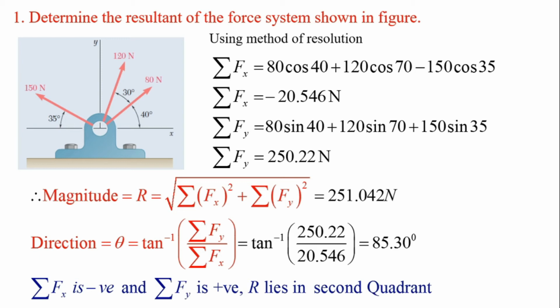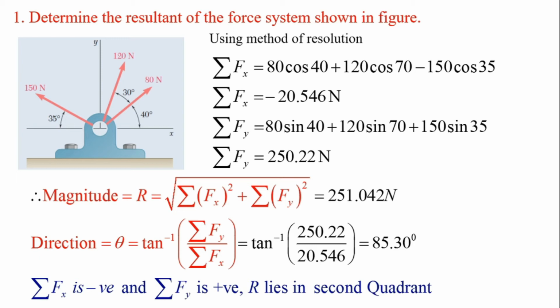First problem is: determine the resultant of the force system shown in the figure. Now, the problem is related to finding the resultant of a force system. We know that when two forces are acting at a point and their resultant is to be determined, we can use the law of parallelogram of forces. But if a number of forces are acting at a point, then the law of parallelogram cannot be used, since it is applicable for two forces only.